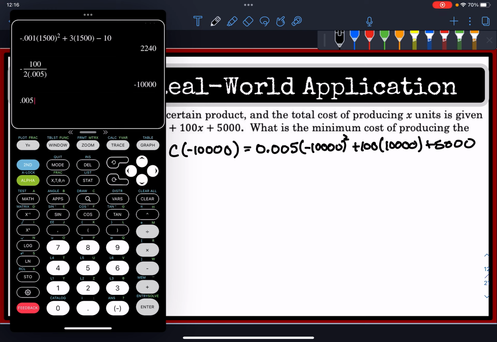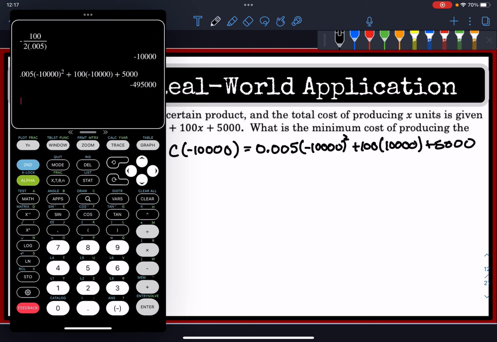So 0.005. Instead of typing that entire number, I'm just going to click up and enter that number, copy and paste it there. Plus 100, parentheses, move up, copy and paste that number, and then add the 5,000.